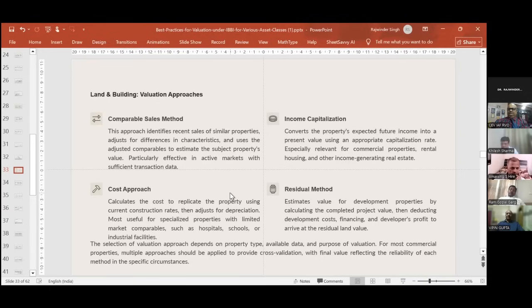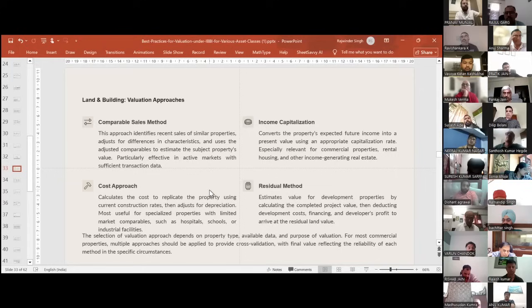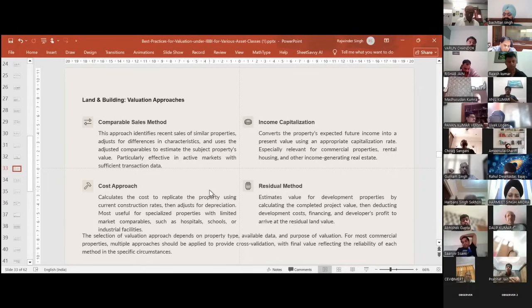So the first approach, the first method, is the comparable sale method. This approach identifies recent sales of similar properties, adjusts for differences in characteristics, and uses the adjusted comparables to estimate the subject property's value. It is particularly effective in active markets with sufficient transaction data.